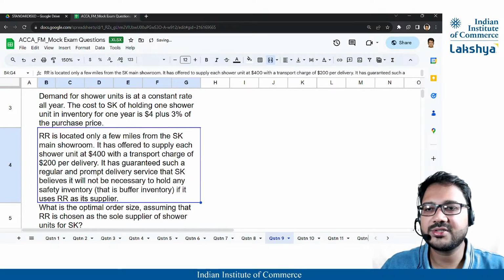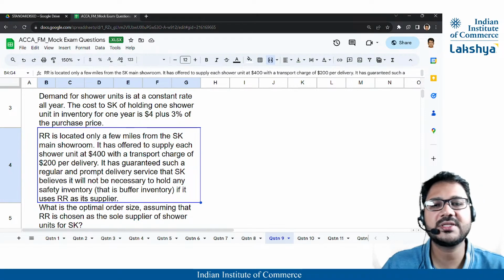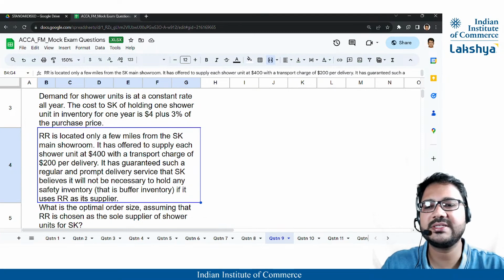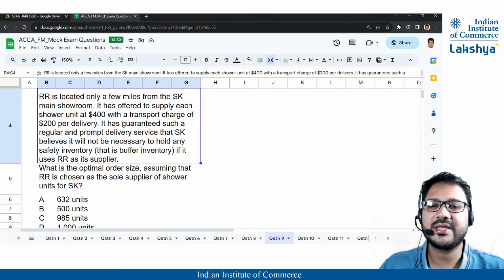RR is located only a few miles from SK's main showroom. It has offered to supply each SHA unit at $400, so that's the purchase price, and a transportation cost of $200 per delivery. That's the ordering cost. It has guaranteed such a regular and prompt delivery service that SK believes it will not be necessary to hold any safety inventory or buffer inventory if it uses RR as its supplier.